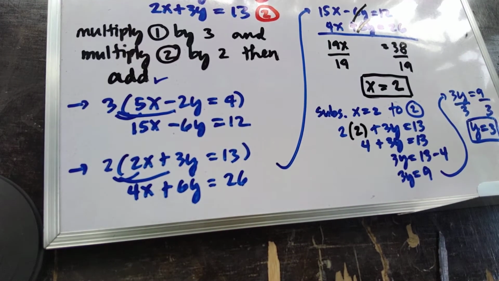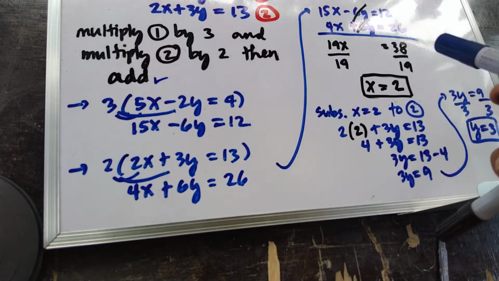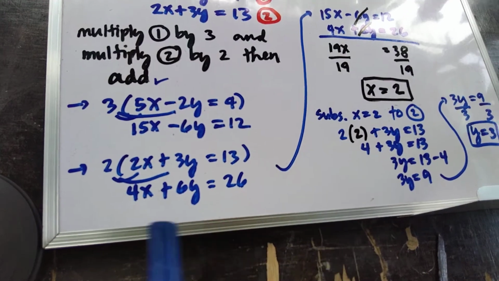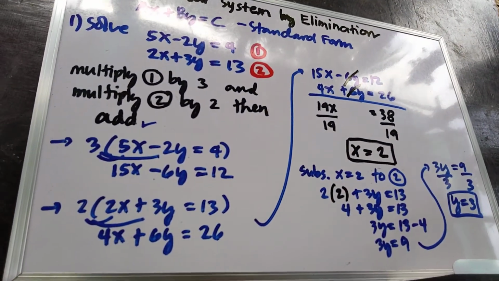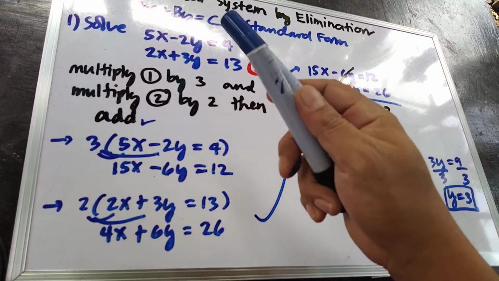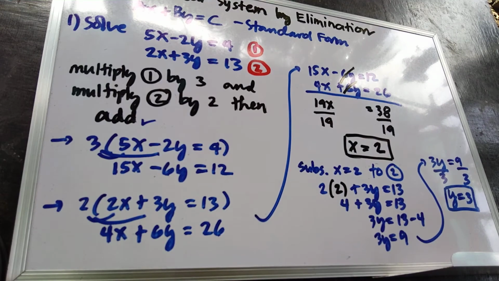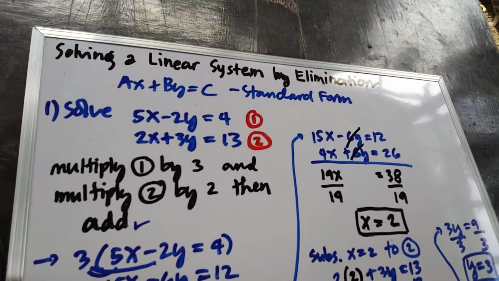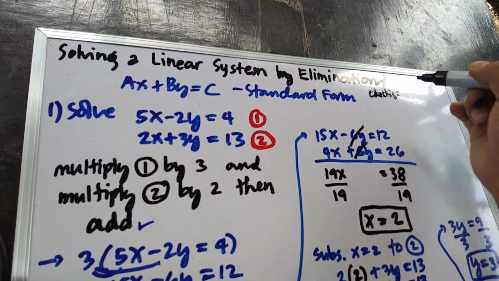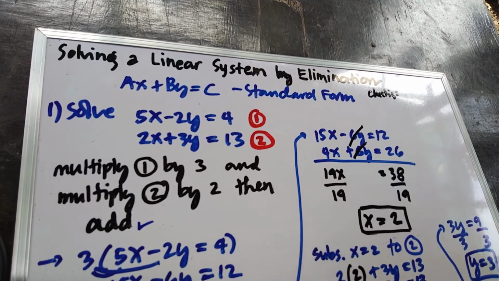Now we have two values. We already obtained the values of x and y, which is x is equal to 2, y is equal to 3. Then the next step is for you to check. We need to check if we are correct. We will substitute the values of x and y into either of the two equations. Suppose we choose equation number 1.